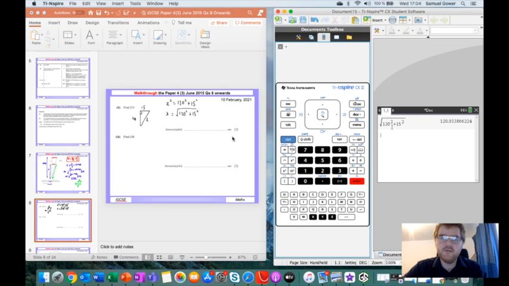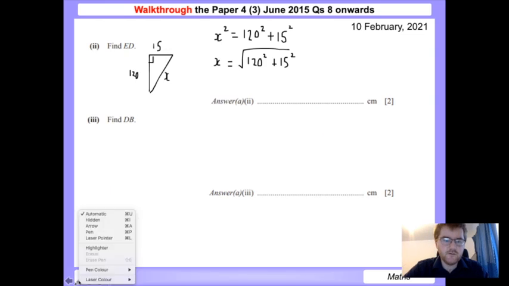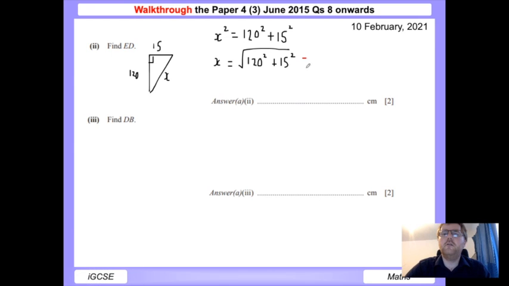Again, we're going to round to 3 SF, but we need to write down decimals first. And to 3 significant figures, which is generally expected, it's 121 centimeters. Okay, all good. Let's try and go back to a black pen. There we are. There's my black pen.